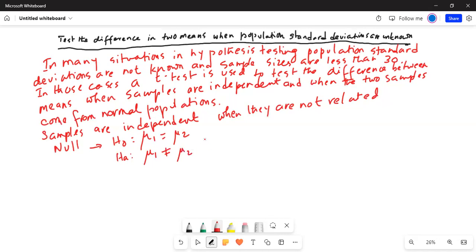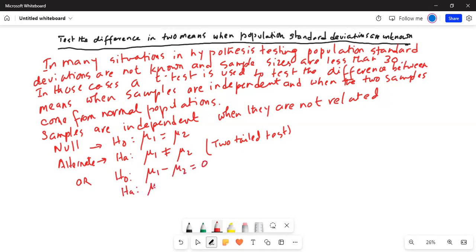This is the case of a two-tail test. Or we can write H0 is mu1 minus mu2 equal to 0, and the alternate is mu1 minus mu2 not equal to 0.